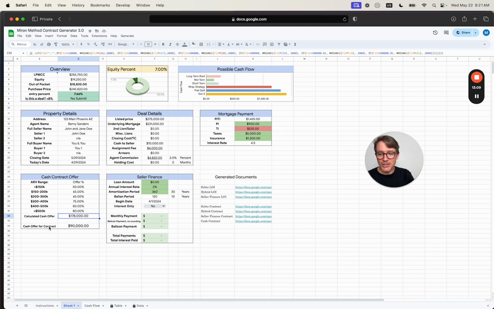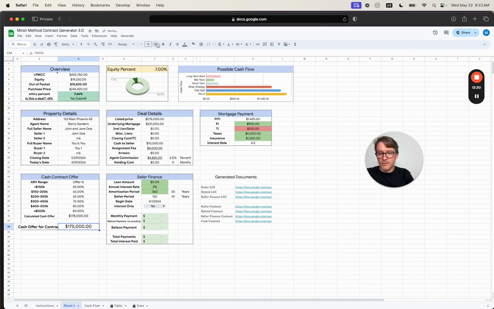So this is actually the cell that pulls for the offer. So I'm going to offer 178. Right here, I click 175. Cool. I'm going to make this a little bigger.